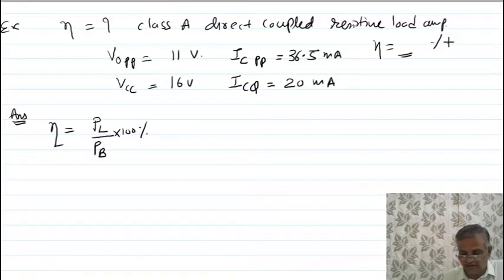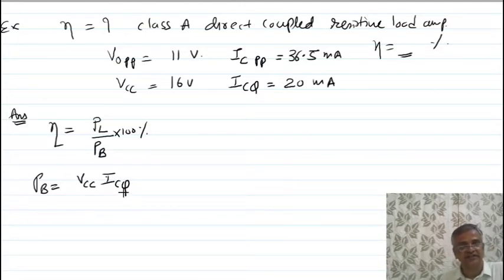So let us find PL and PB. PB is nothing but the supply voltage multiplied by the DC current in the quiescent condition.